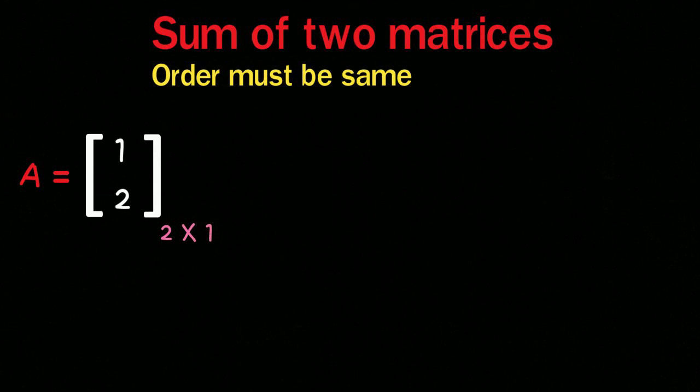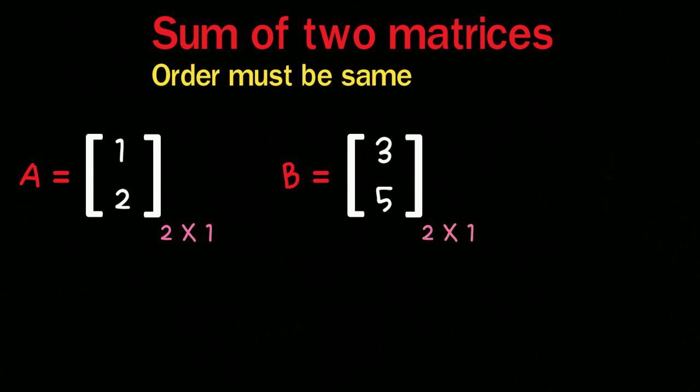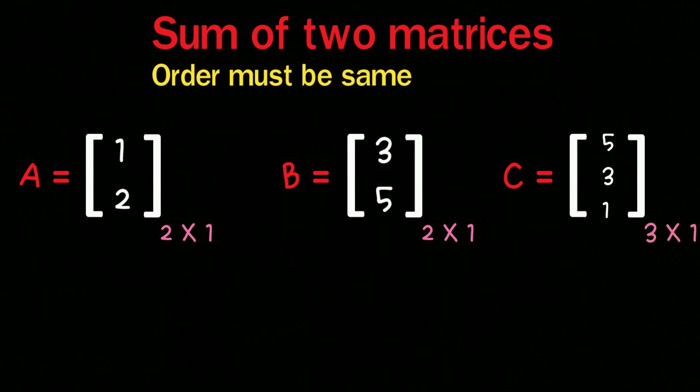To have the same order, we must also have 2 rows and 1 column for another matrix. For instance, matrix B, we have 3, 5, also 2 rows and 1 column. An example of a matrix where the order is different is matrix C, where the number of rows is 3 and the number of columns is 1. So it's a 3 by 1 matrix.